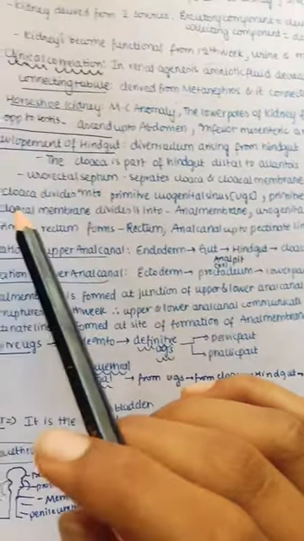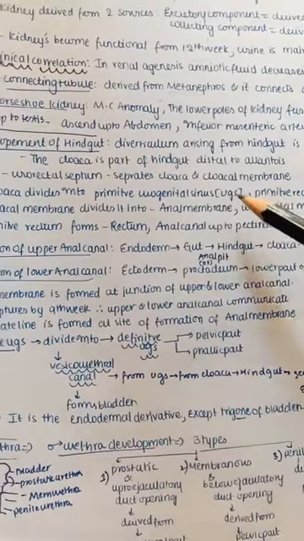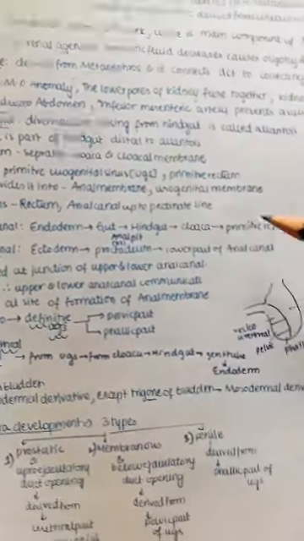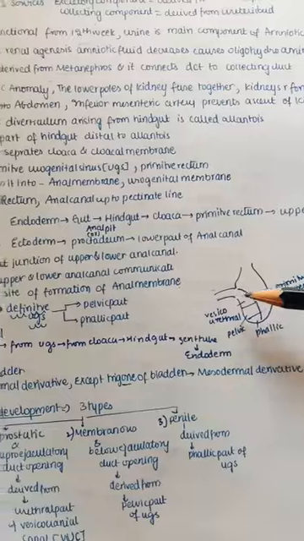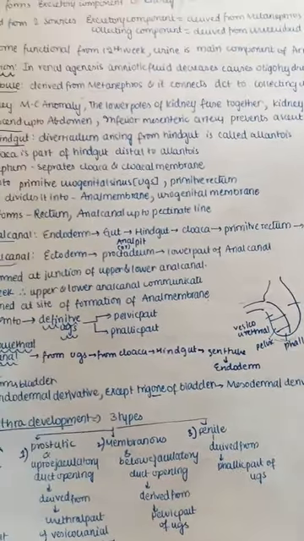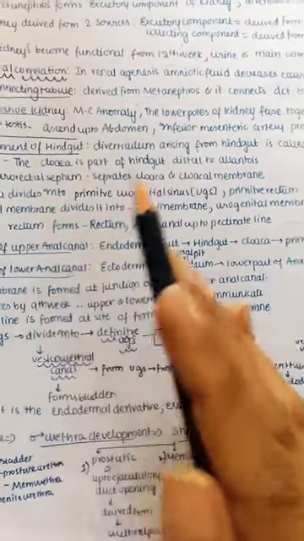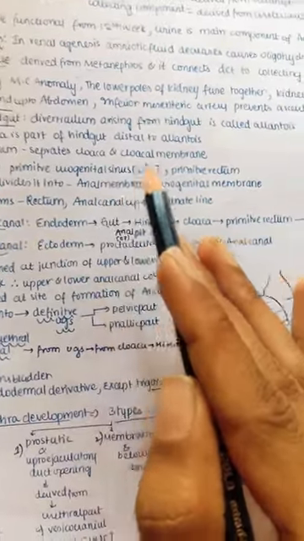The urorectal septum separates the cloaca and the cloacal membrane. Here lies the cloacal membrane. The cloaca is divided into the primitive urogenital sinus and the primitive rectum.